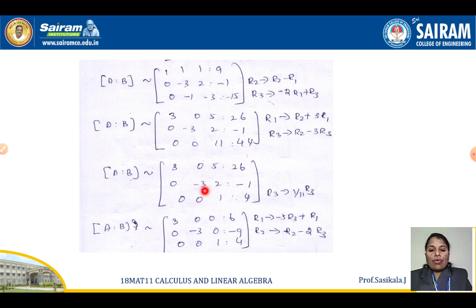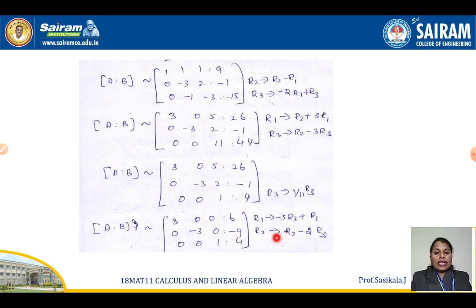Okay. So now you can go with the next one, to convert the 0 of your first row third element and the second row third element, you are supposed to use the third row. Okay, here also you can divide by 11, it will become 1 and 4. Use the third row to make the first row and second row third element 0, and similarly, to convert the second element to 0, use your second row.